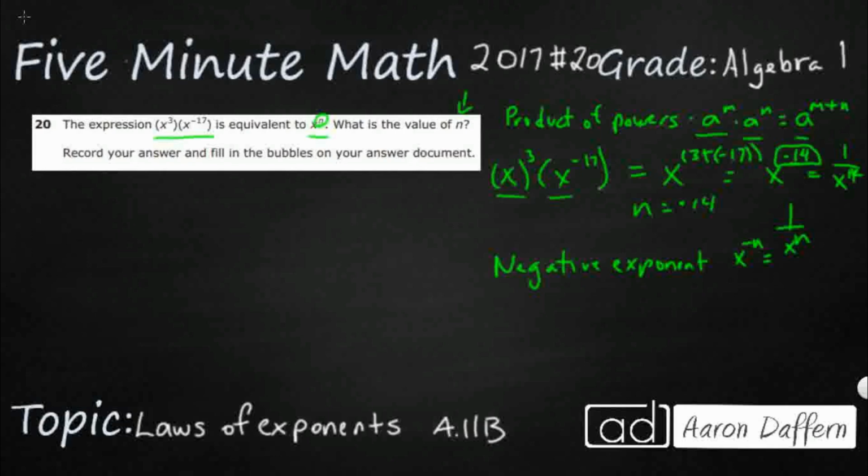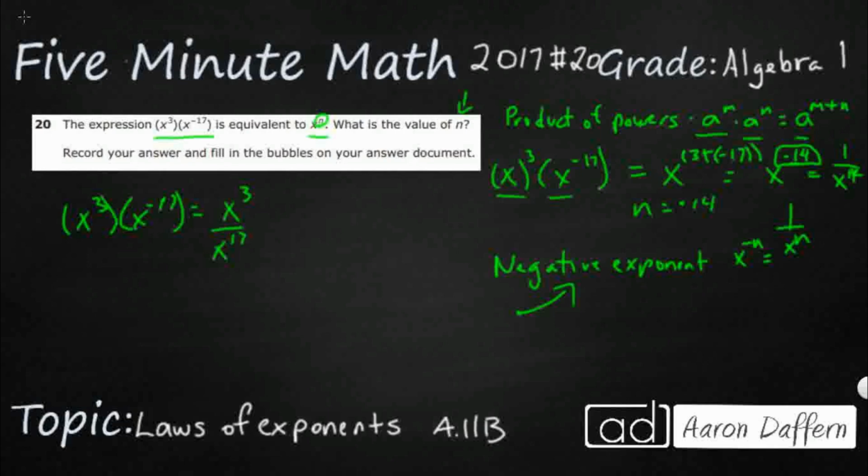Now, another way to look at that is if we started with this negative exponent, we could say, you know what, x to the third, and then times x to the negative 17th. That's the same as, I know that's a reciprocal, right? That's going to be the same as x to the third over x to the 17th.